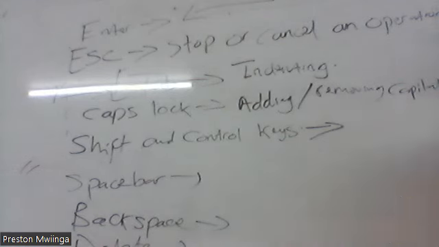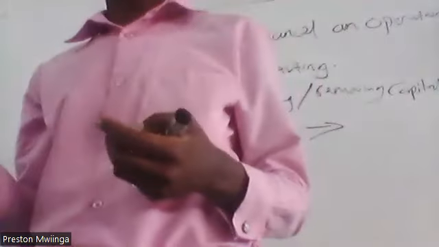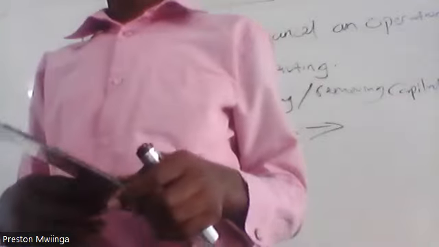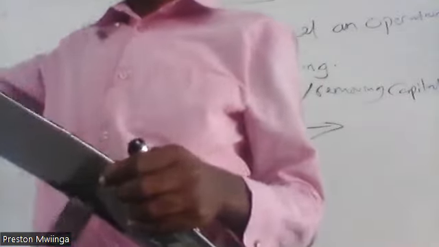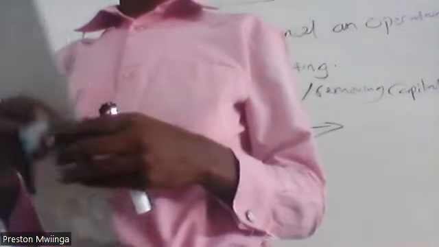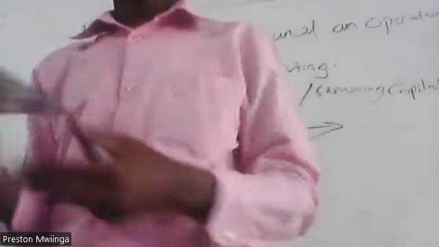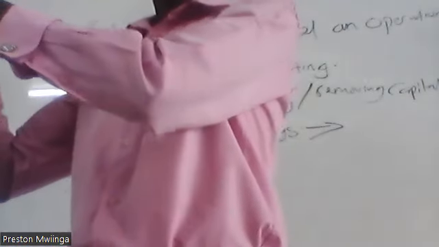Most of the things that you find on the keyboard are usually double. There was one song that they used to sing at primary school, everything is double. So even here, things are double.